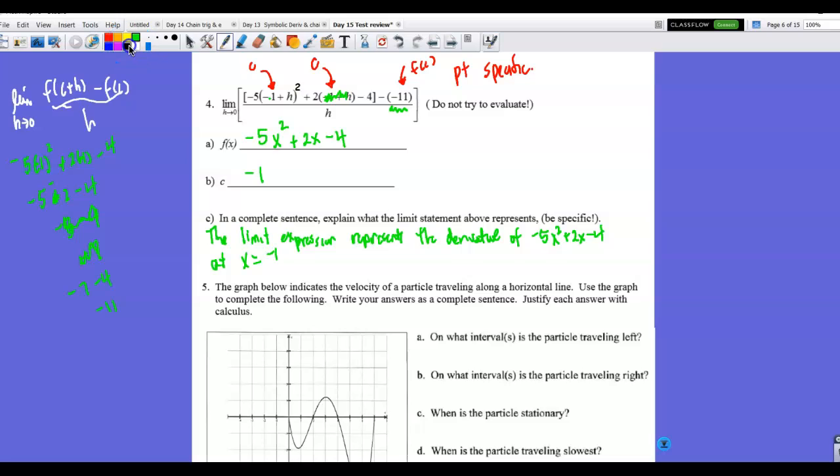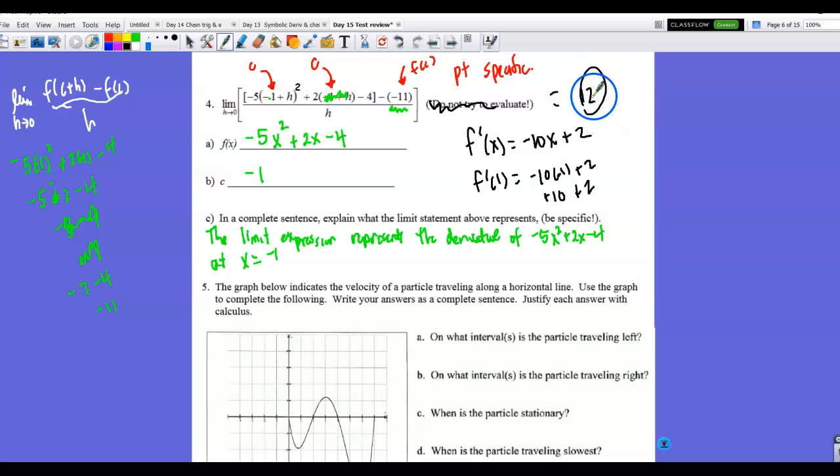You certainly can evaluate it. f prime of x is equal to -10x plus 2. And f prime at -1 would be -10 times -1 plus 2. Why do I keep forgetting that negative? So that's going to be positive 10 plus 2. And so the final answer, this expression represents the number 12. So the derivative of negative 5x squared plus 2x minus 4 at negative 1 is 12.